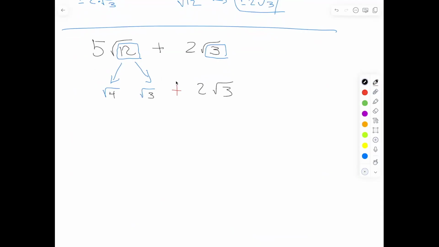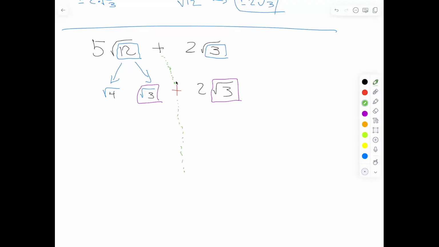Now, you see that I am now creating something that is constant here, right? Do you see that? You see the square root of 3? Look at this addition sign as something that is separating the left and the right.